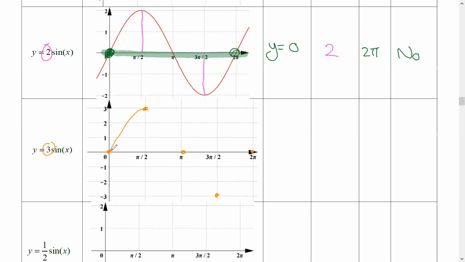It's also known as my vertical stretch, but we only describe it like that in class, never on a test. And there's my midline, bang. So midline, always draw it in, even if it's the x-axis. Amplitude's 3, period 2 pi, no shift.